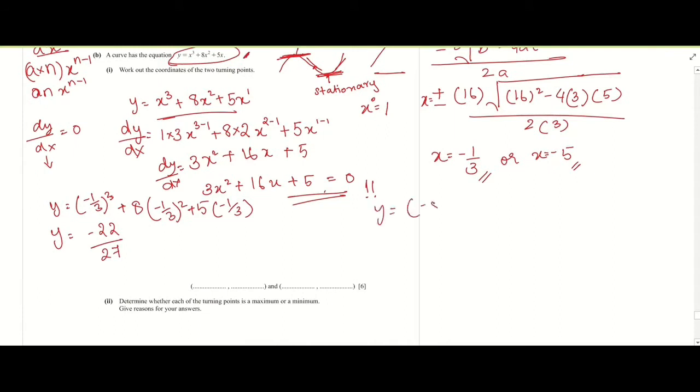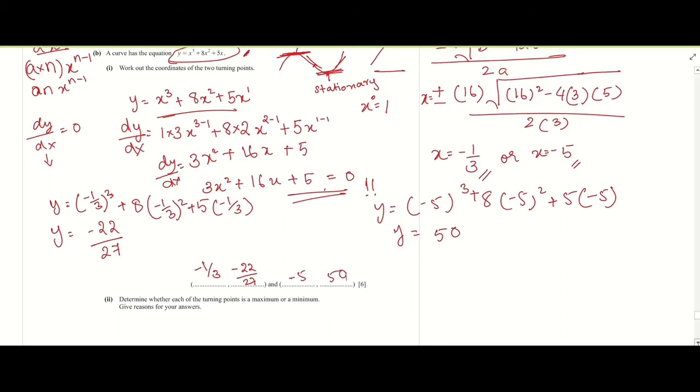And for x equals negative 5, y equals negative 5 cubed plus 8 times negative 5 squared plus 5 multiplied by negative 5. y equals 50. So these are the two coordinates that we found: negative 1 by 3, negative 22 by 27, this was one of them, and this is negative 5 and 50.